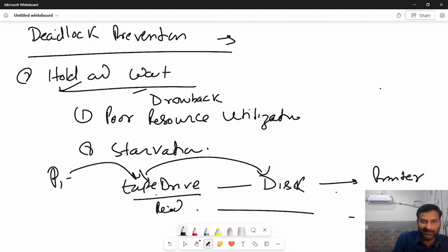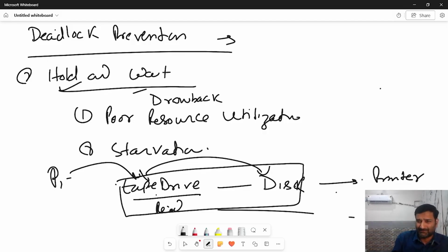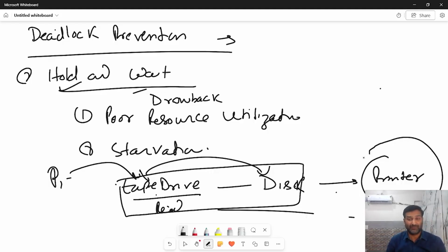Initially P1 is using only the tape drive and disk, but the printer is not being used by P1, because the printer will be used later to print something. Initially it is only reading data from the tape drive and writing it to the disk, say performing a sorting operation.